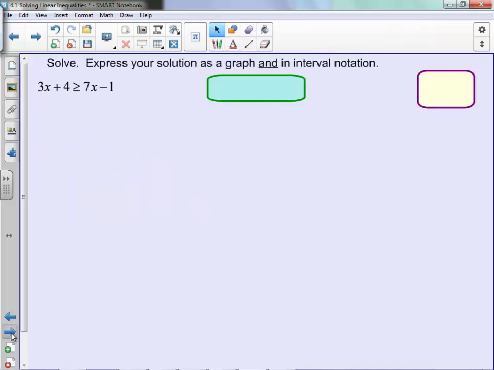So now we're going to solve our inequalities. We're also then going to graph our solution and write it in interval notation. So first we're going to solve these. And remember, it's just like solving equations, except if you multiply or divide by a negative, you have to flip your sign. Let's start with the first one.